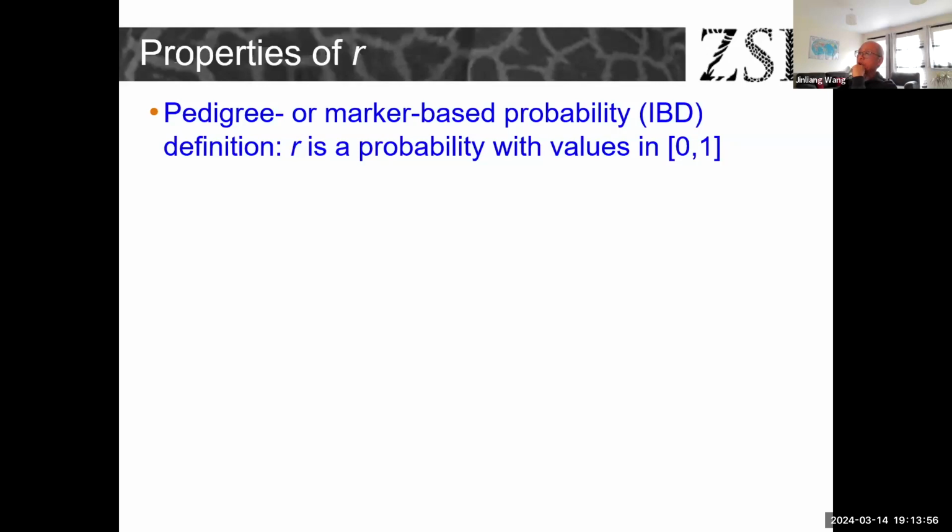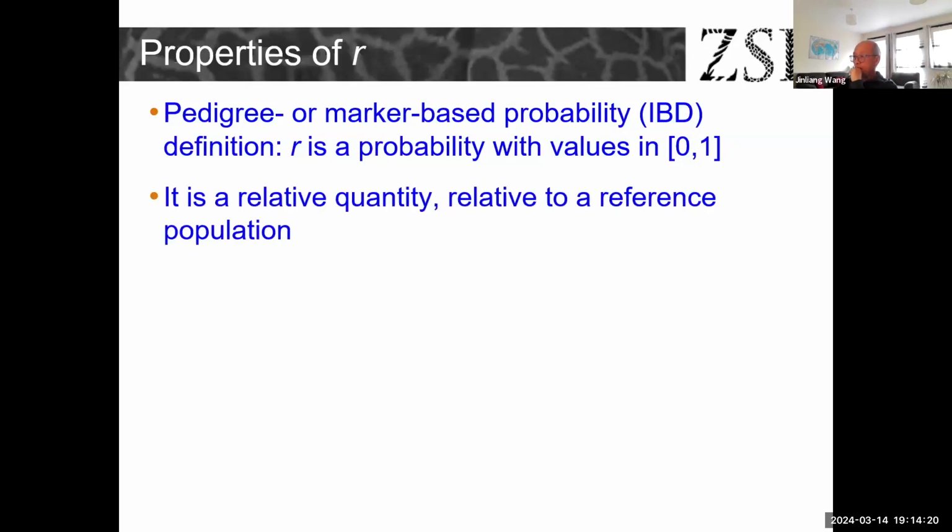It's a correlation coefficient, so its legitimate range should lie between -1 and 1. -1 means they are completely unrelated, much less related than the average of the population. So again, it's a relative quantity, relative to the reference population.